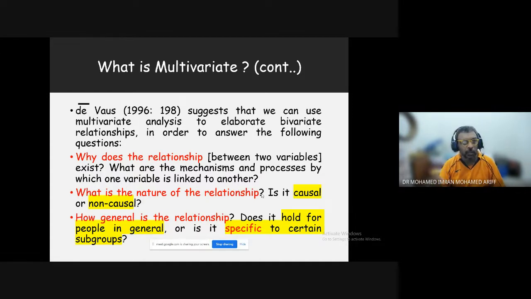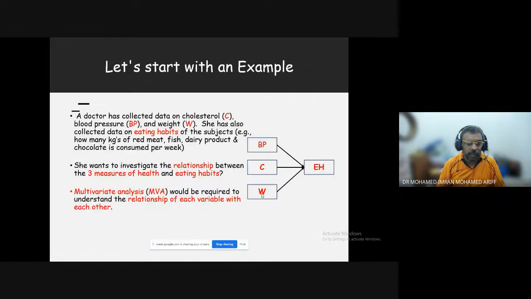Not only we are looking at independent and dependent, we can also look at between the independent. Balik pada slide nombor 1 tadi, we can look at weight against cholesterol, or weight against BP.